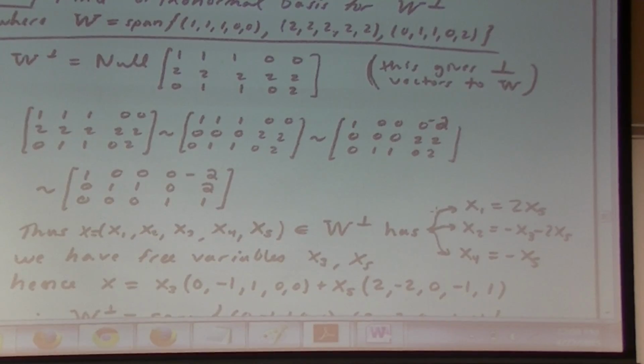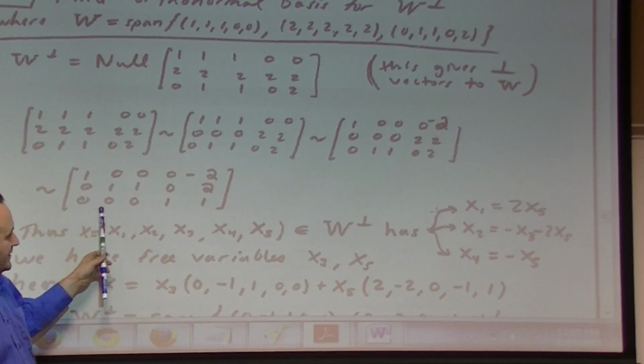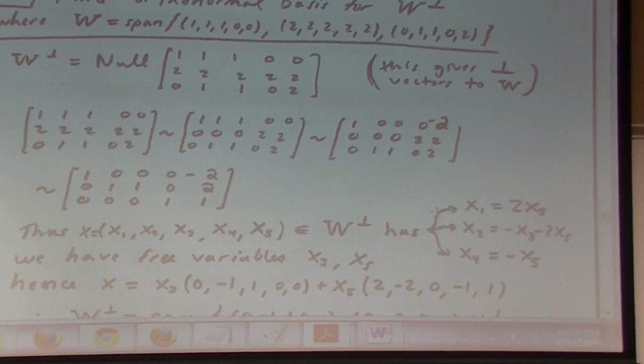No? Okay. So, to calculate the orthonormal basis for W perp, first you must find W perp. I think the easiest way to do that is the null space of the transpose calculation, right? So you do your row reductions, bam, you get this thing. And then once I have that, of course, I can write what a typical thing in W perp looks like.